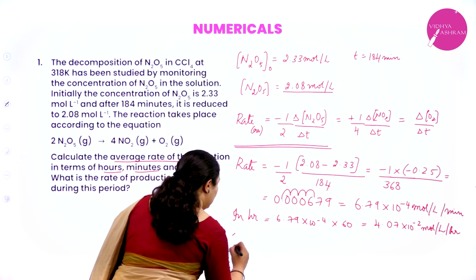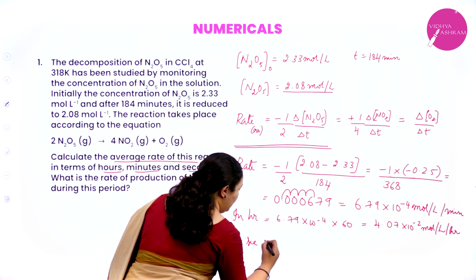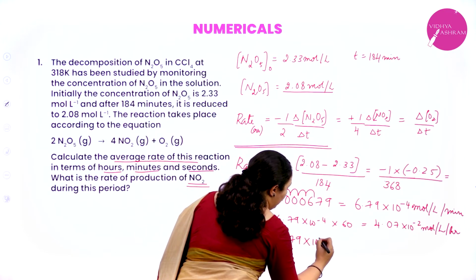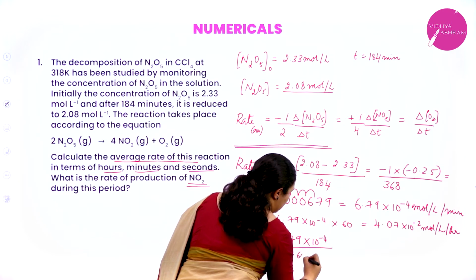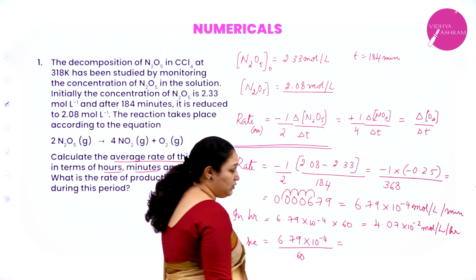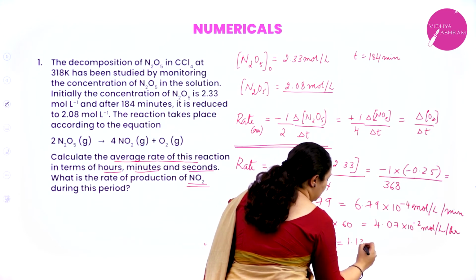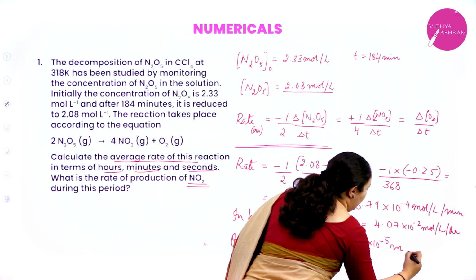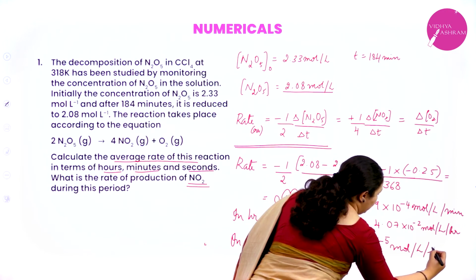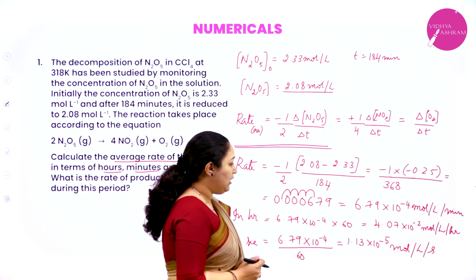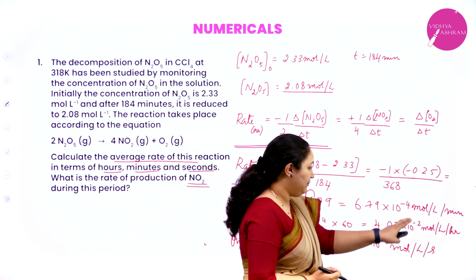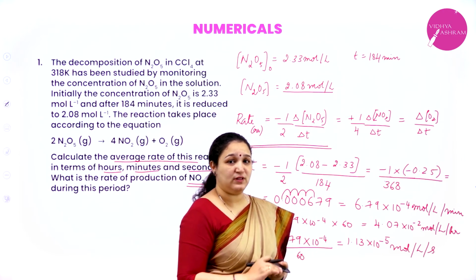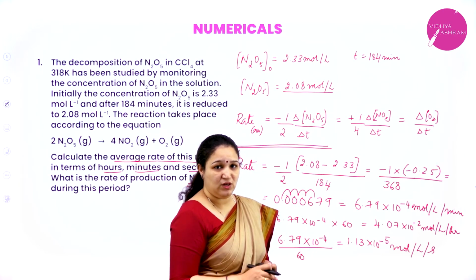So in seconds, it is 6.79 into 10 to the power minus 4 divided by 60, which will be equal to 1.13 into 10 to the power minus 5 mole per liter per second. So now I have got the value in minutes, in hours and in seconds. So the first part of the question we have solved.